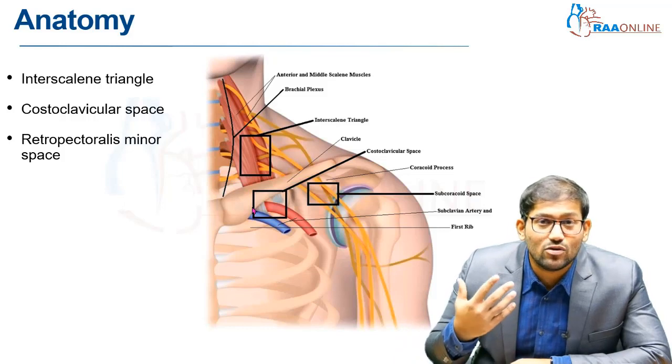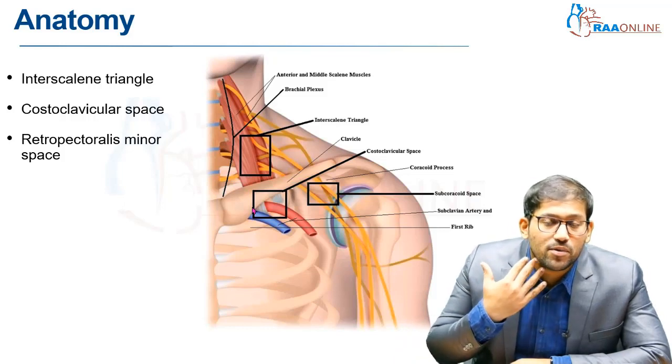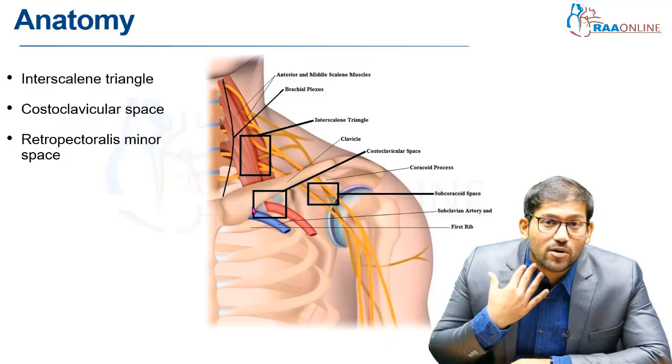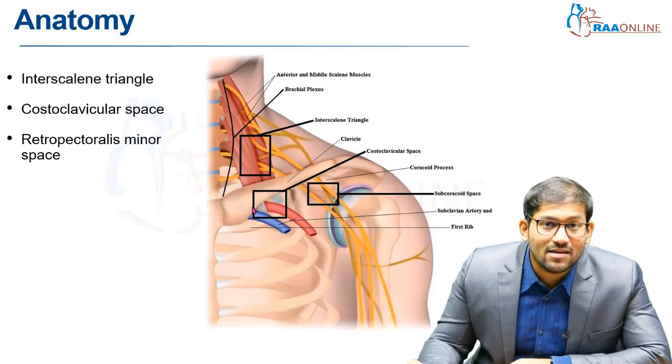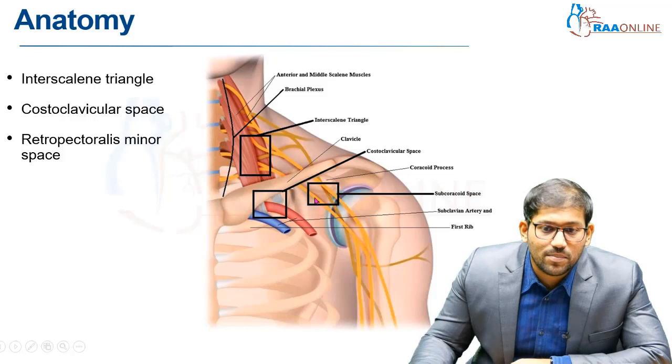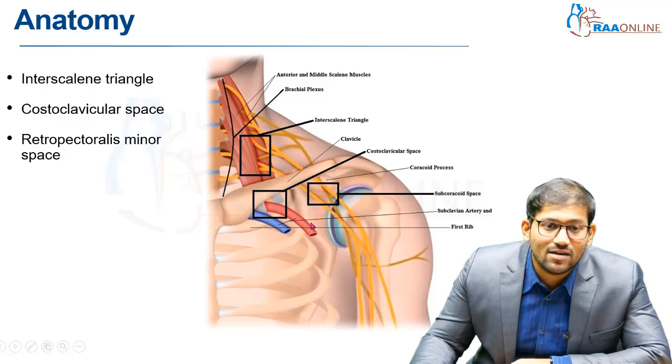But it's divided into three spaces from proximal to distal. The proximal most space is called the interscalene triangle. The middle space is called the costoclavicular space, and the third space, which is a bit more inferior and lateral, is your retropectoral space.